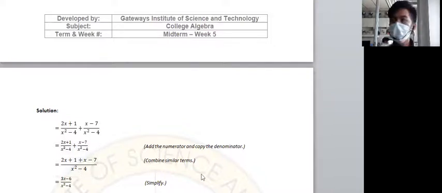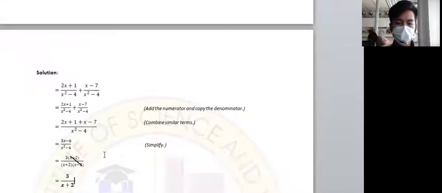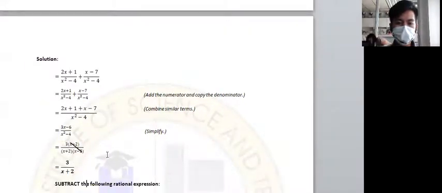So our numerator will be 2x plus 1 plus x minus 7, then copy the denominator, which is x squared minus 4. Then we need to combine like terms. 2x plus x is equals to 3x, then positive 1 minus 7 is equals to negative 6, then copy the denominator, x squared minus 4.